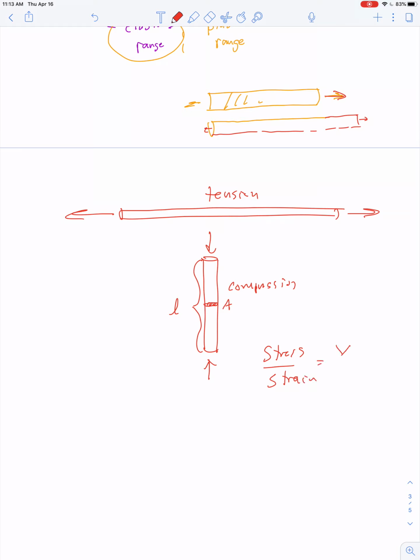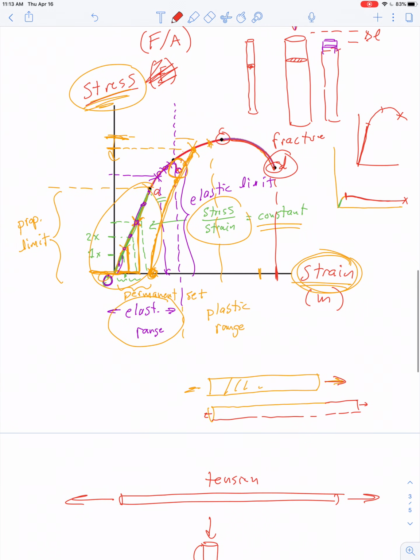We call that, well, the symbol for it is capital Y, and it stands for a value known as Young's modulus. So Young's modulus for a guitar string or a bone is sort of like the K value for a spring. It's just that constant value of stress to strain ratio as long as you stay within the proportional limit.